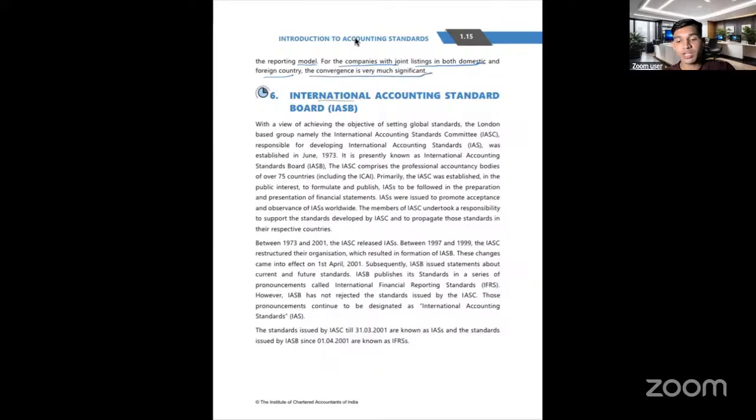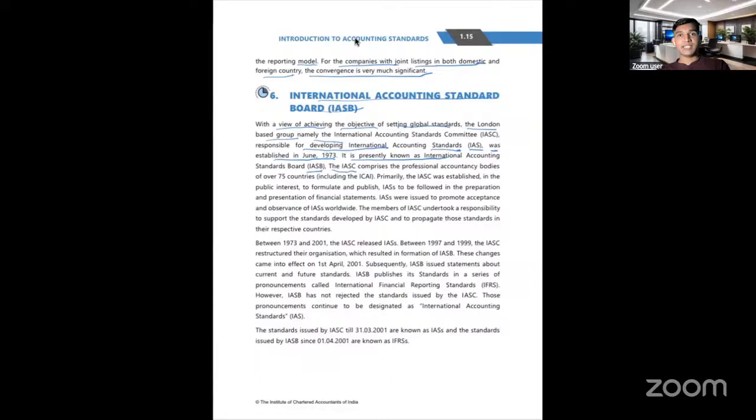Then the International Accounting Standards Board, IASB. With a view to achieving the objective of setting global standards, the London-based group, namely the IASC, that is the International Accounting Standards Committee, responsible for developing international accounting standards, those are IAS, was established in June 1973, and it is presently known as the International Accounting Standards Board, that is IASB.